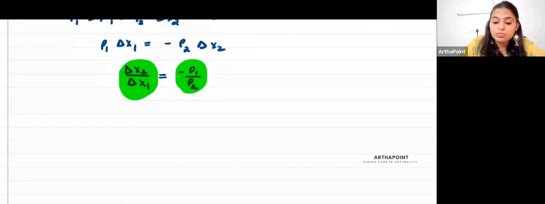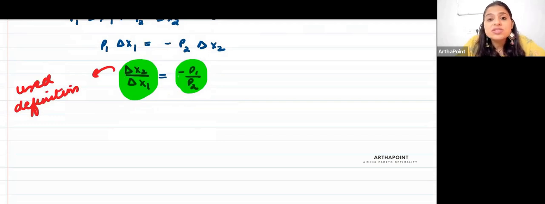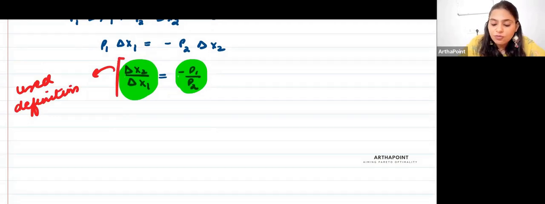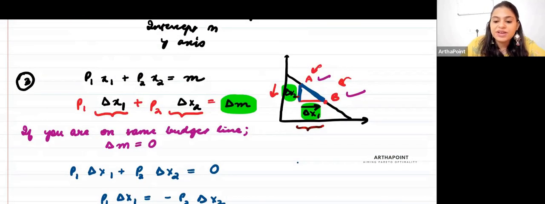Now this is the most used definition of slope. Why? Because this tells me what is the change in amount of good 2 as I change the amount of good 1. So, if you notice, when I go from point A to B, I am increasing good 1.